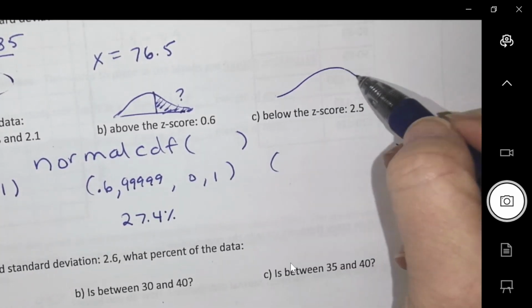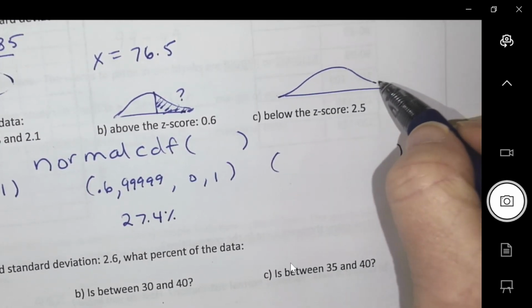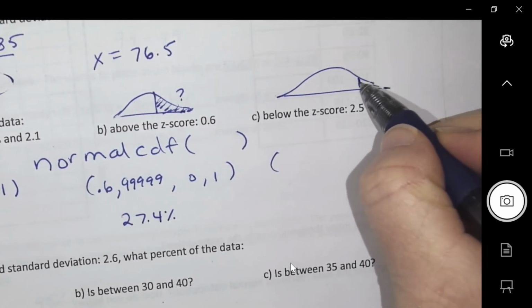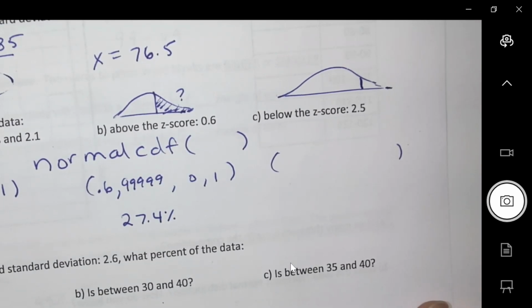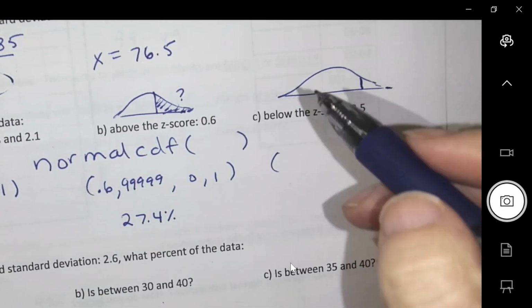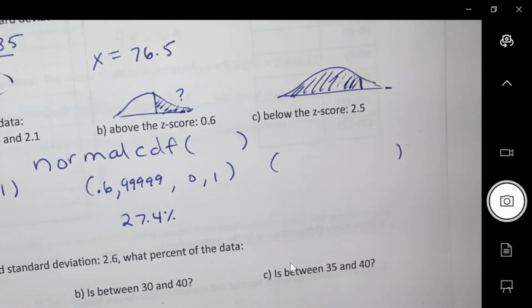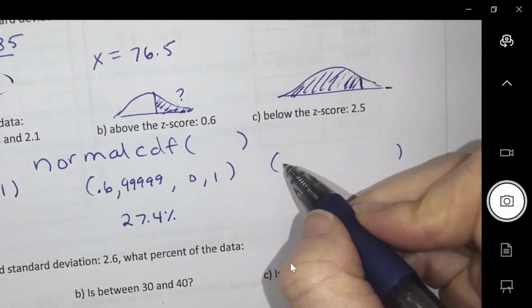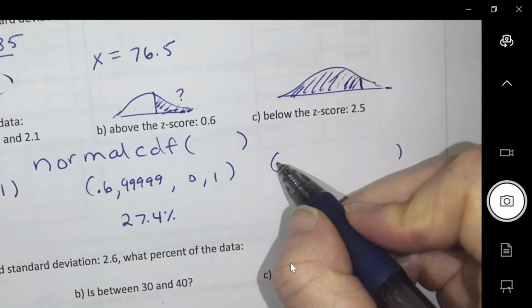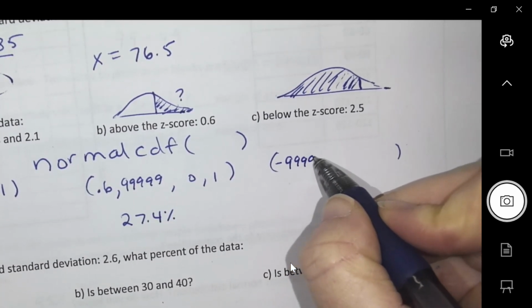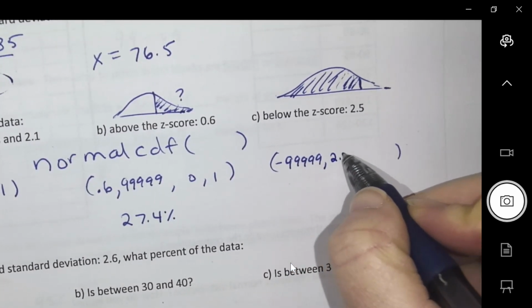Okay, and then this one, I'll give you a visual here. If I'm at a z-score of 2.5, I'm way over there, and I want to know what's below that. So it's going to be quite a bit. So I'm going to go from negative 9999s up to 2.5.